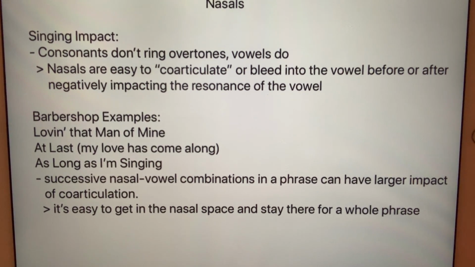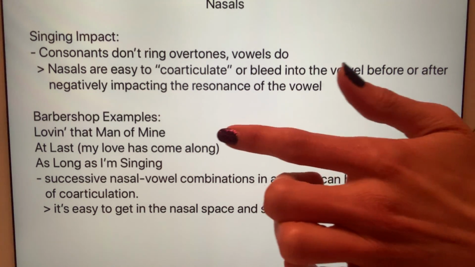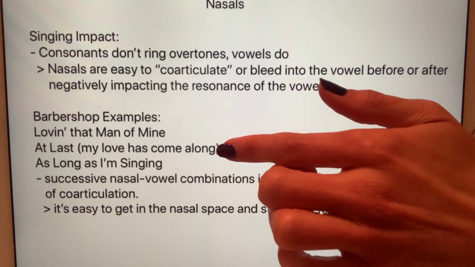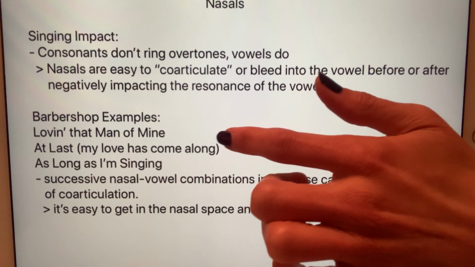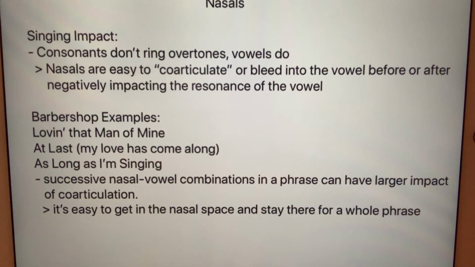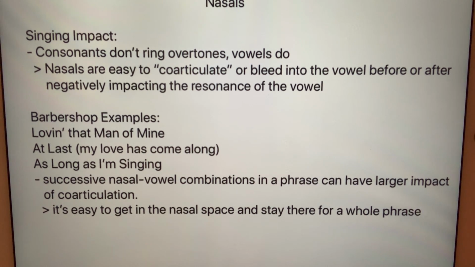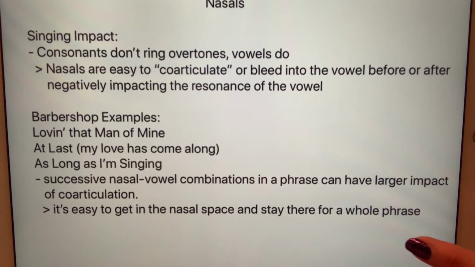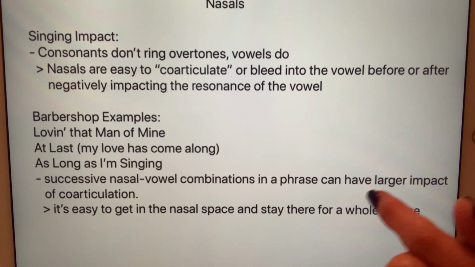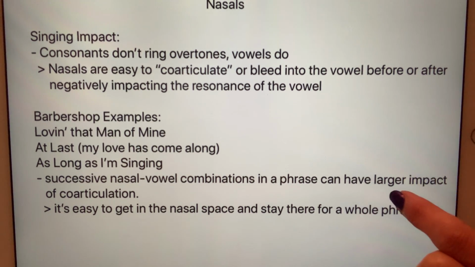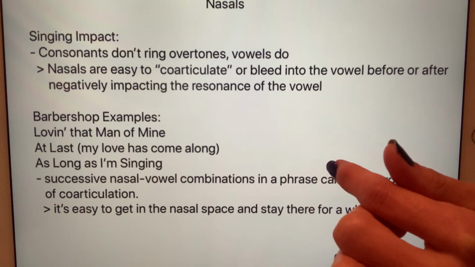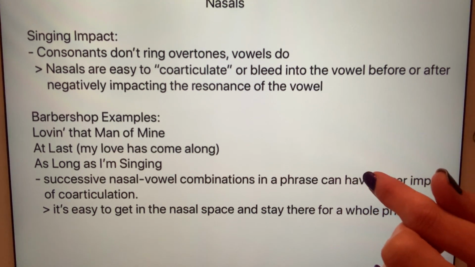So we have some specific examples. Notice I used man because I think: loving that man of mine. That nasally sound just continues through the end of that phrase, and it's really hard to come out of it. And in this particular one, we can think about: at last, my love has come along.